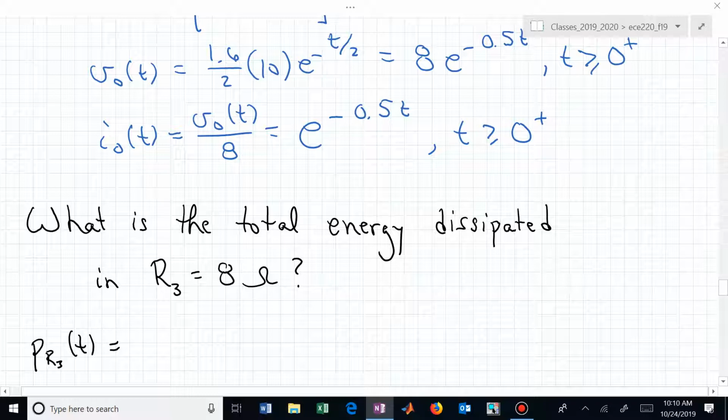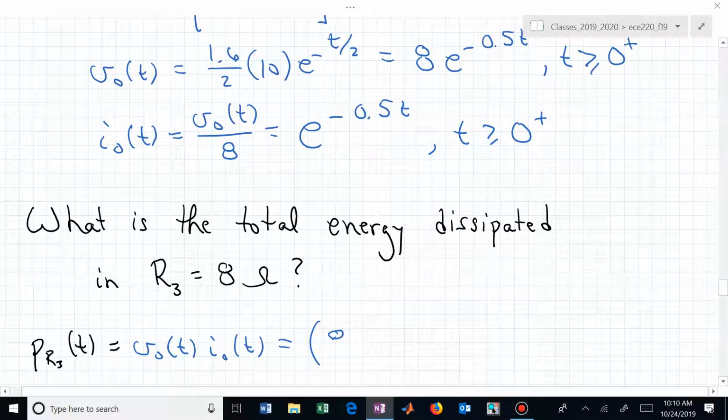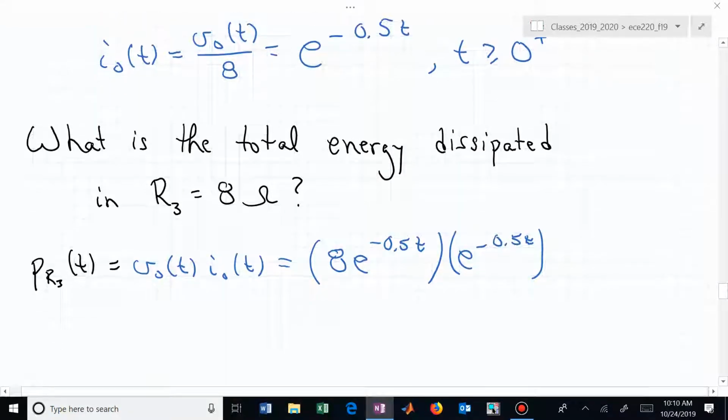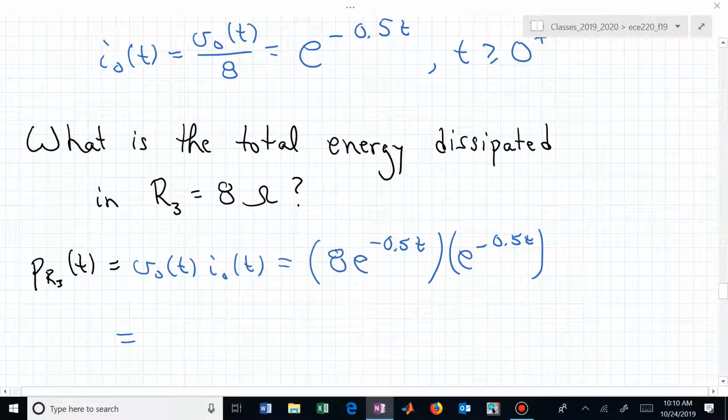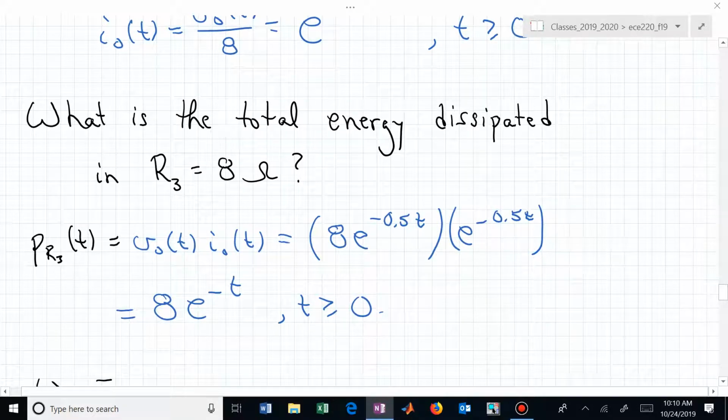Power is now V sub 0 of t times I sub 0 of t, which is 8 e to the minus 0.5 t times e to the minus 0.5 t. How do those exponents combine? Those just add, so now we have 8 e to the minus t for t greater than or equal to 0 plus, in units of watts.